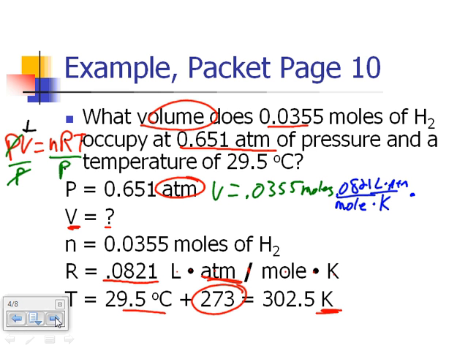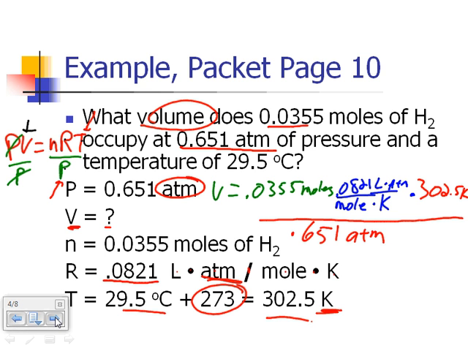And then we have times our temperature. Temperature, again, we need to convert it to Kelvin, 302.5 Kelvin. And that whole thing is going to be over our pressure, 0.651 atmospheres.